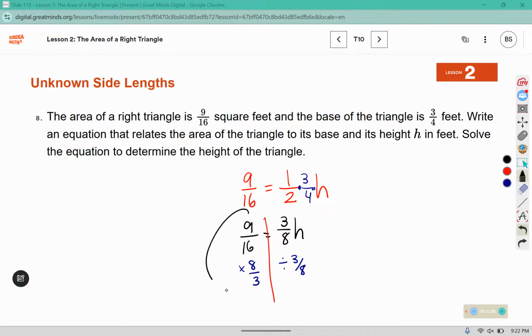So over here, I need to do 9/16 times 8/3. 9 times 8 is 72, and 16 times 3 is 48.